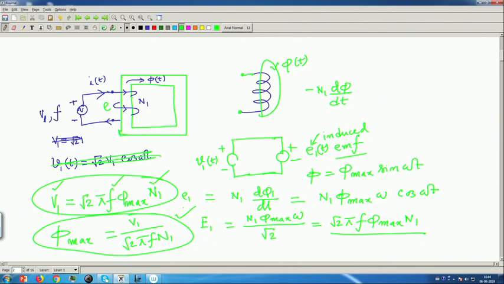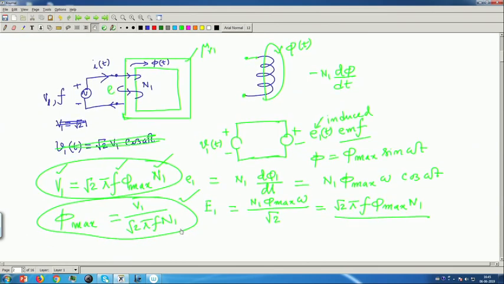In fact, I will go a step ahead. If this core material has a permeability of mu r 1, and you replace this core material with another magnetic material having relative permeability mu r 2, then also phi max is V 1 by this one.